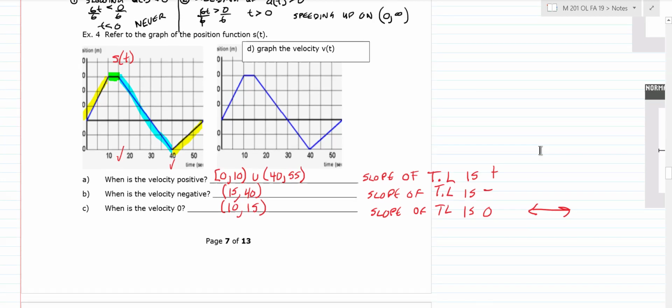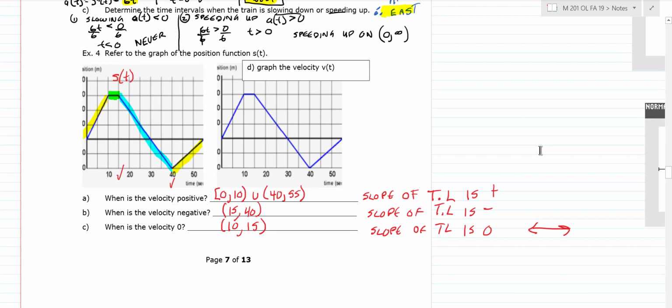So if we were to go through and graph the velocity, then it would go like this. This is kind of what I want you to look at. So from 0 to 10 seconds, let's see what that slope is. The slope is the rise over the run, and I can't tell on here what those numbers are. I'm assuming this is 10, 20, 30.